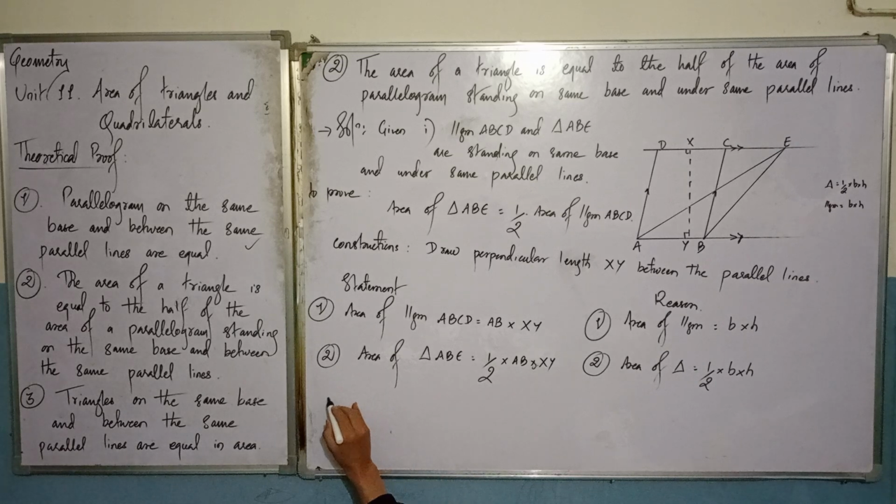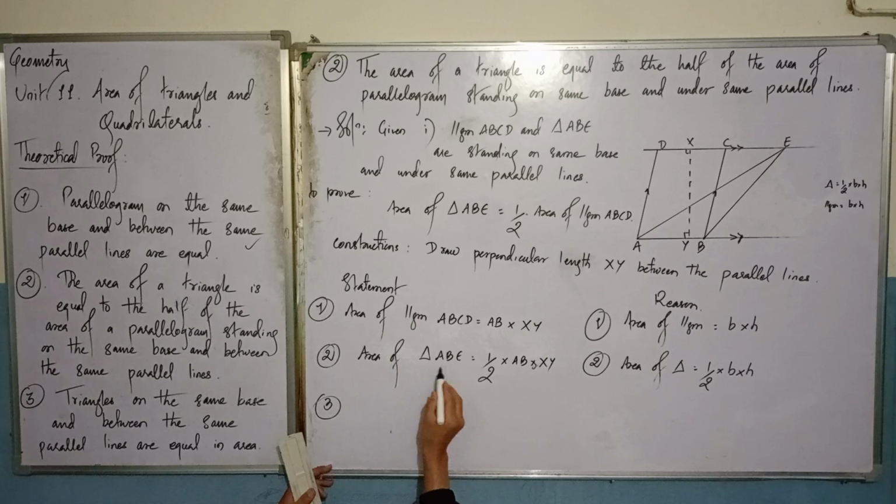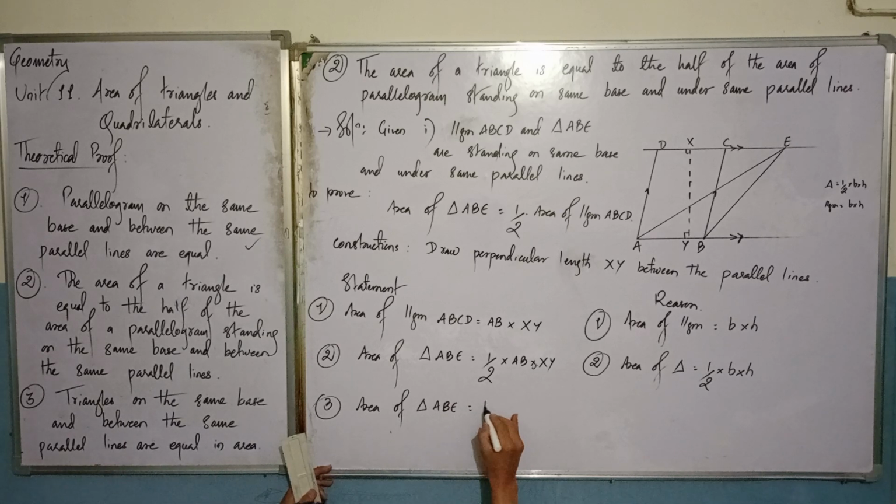So now from 1 and 2, write here area of triangle ABE is equal to 1/2, and replace this AB times xy.